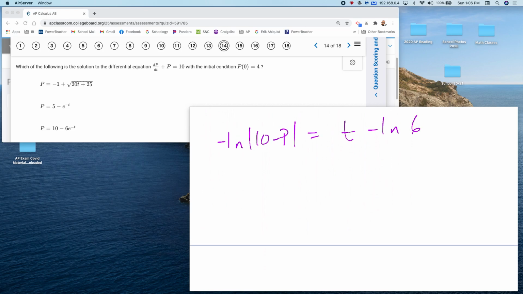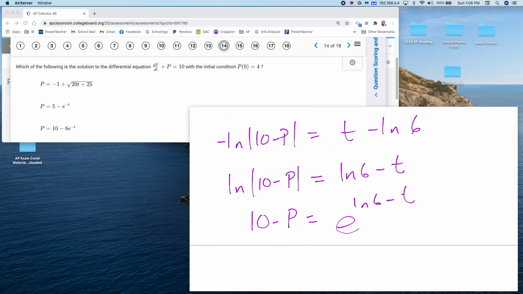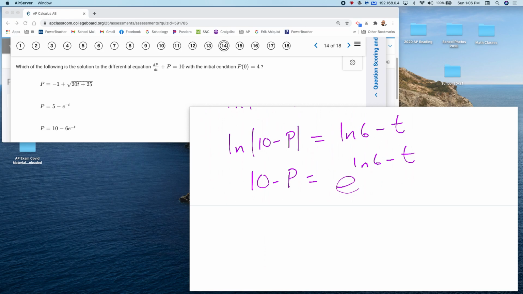I'm going to multiply by -1 and use e and get that. I'm going to rearrange some things. I could even say p is equal to 10 minus e to the natural log 6 minus t.